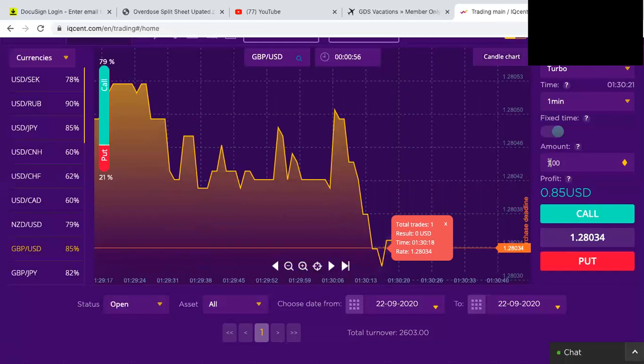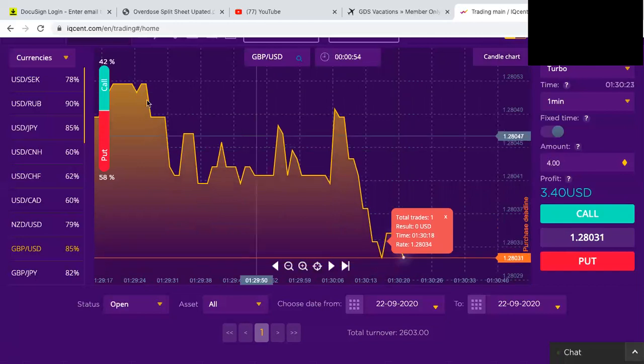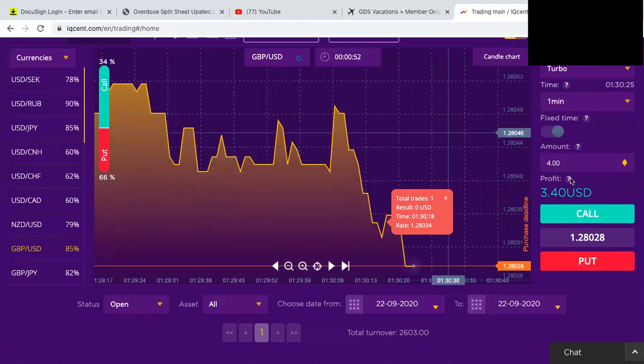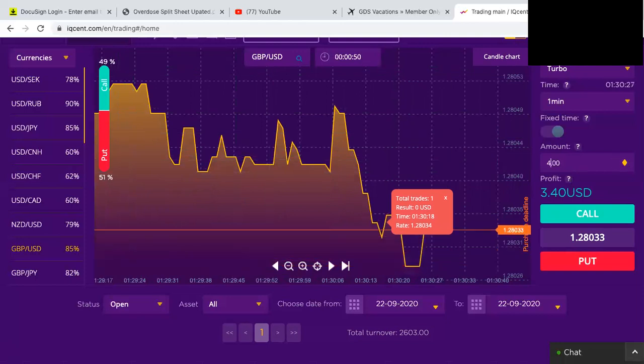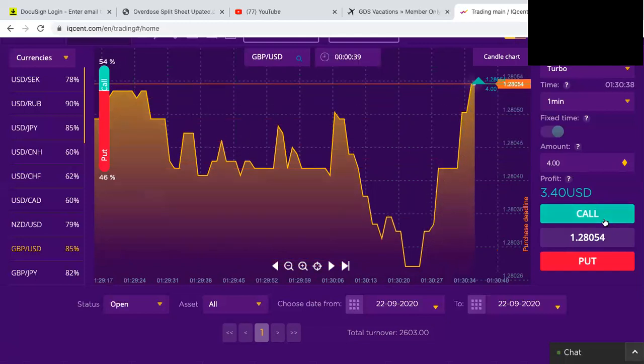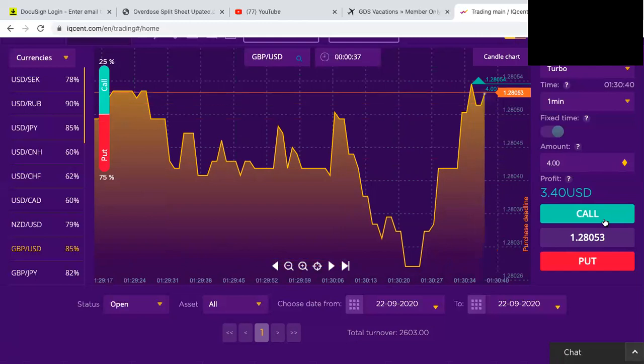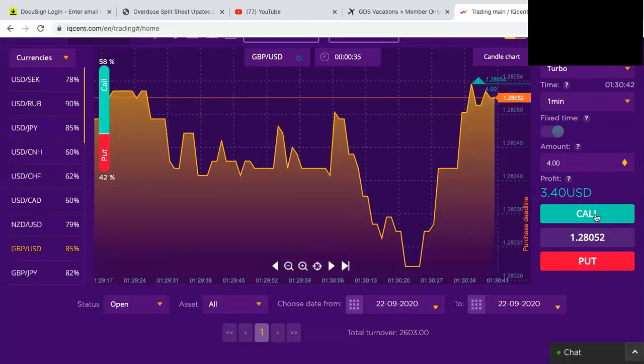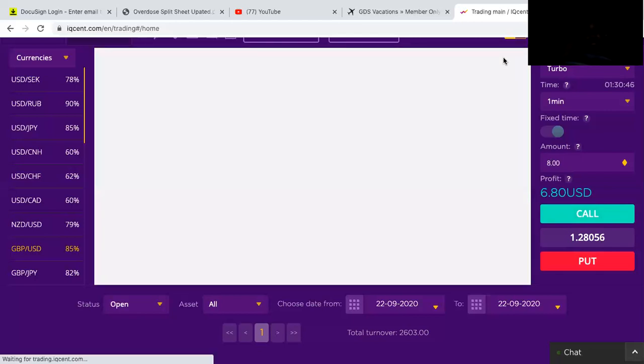Next trade will be at $4 and it will be on the trading tool. Looking for 78% entry. We got the call at 78%. Next trade will be at $8 and I'm going to take it on the candle chart.